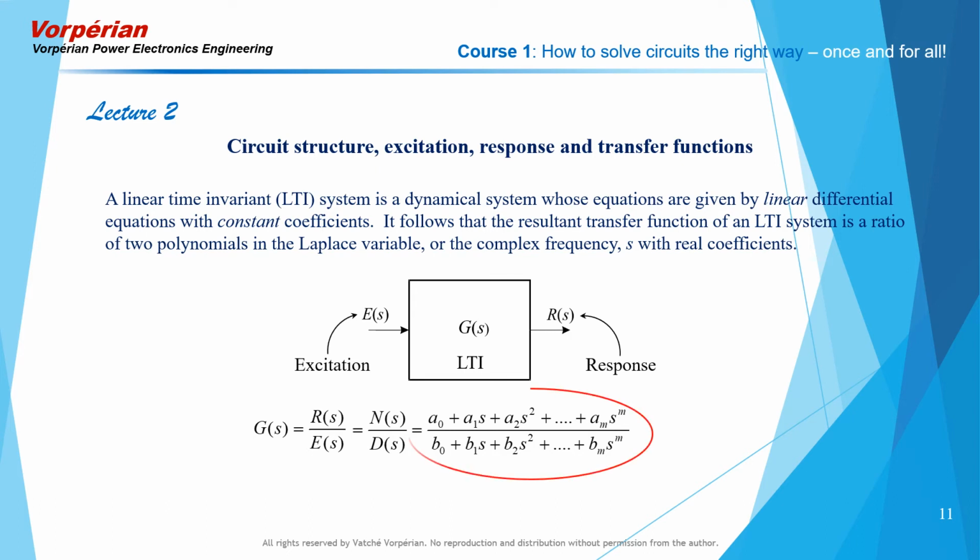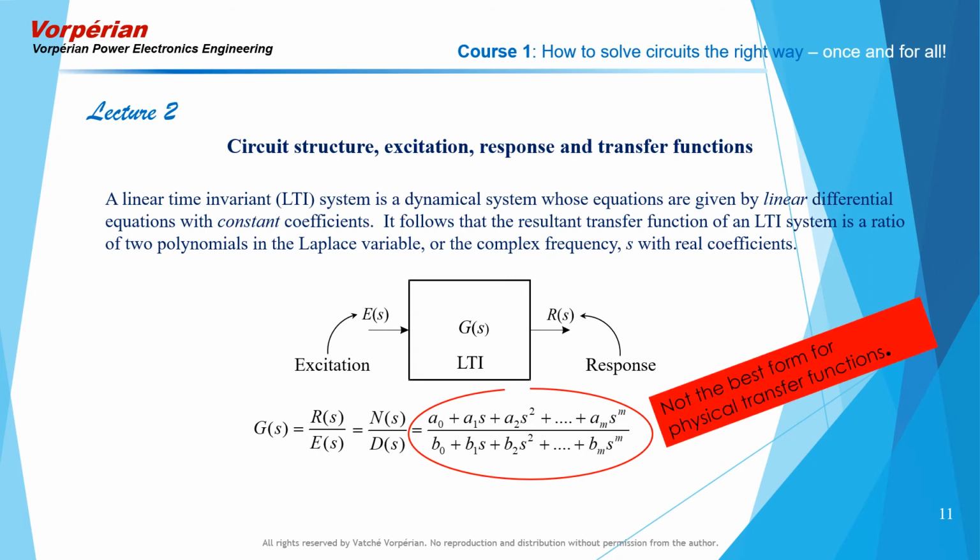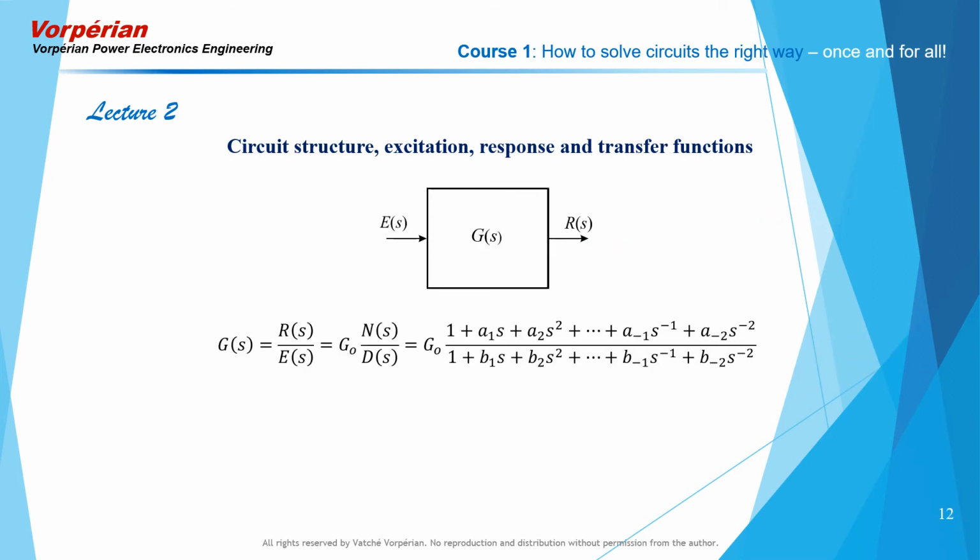However, we should point out now that this is not the best way to write a transfer function for any physical system, for reasons that I'm going to make very clear. A better way of writing this transfer function is to normalize the numerator and the denominator with respect to the frequency s, so that the leading term is unity followed by powers of s in the numerator and the denominator.